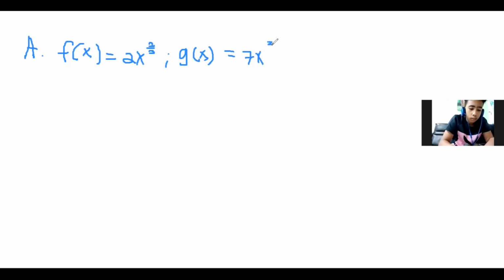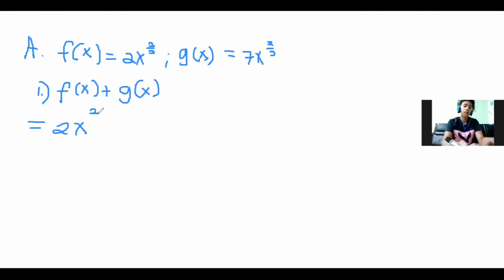Now for number 1, so we're going to get the sum. Okay, number 1. So we're going to get the sum of your f of x and your g of x. Right. So look at this one, children. So the first thing that we're going to do is add the values of your f of x and your g of x. So replace the value of f of x with 2x raised to 2/3. Okay, copy the plus.